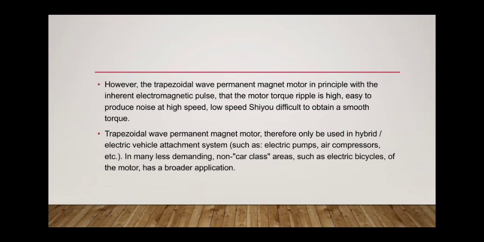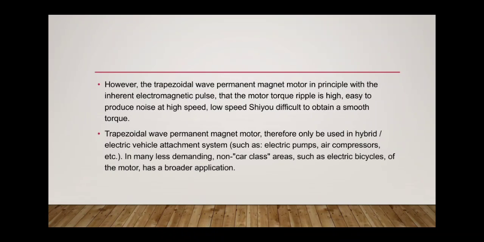However, the trapezoidal wave permanent magnet motor, in principle, has inherent electromagnetic pulses, so the motor torque ripple is very high. Due to the high torque ripple, it is easy to produce noise at high speed, and at low speed it is difficult to obtain a smooth torque.